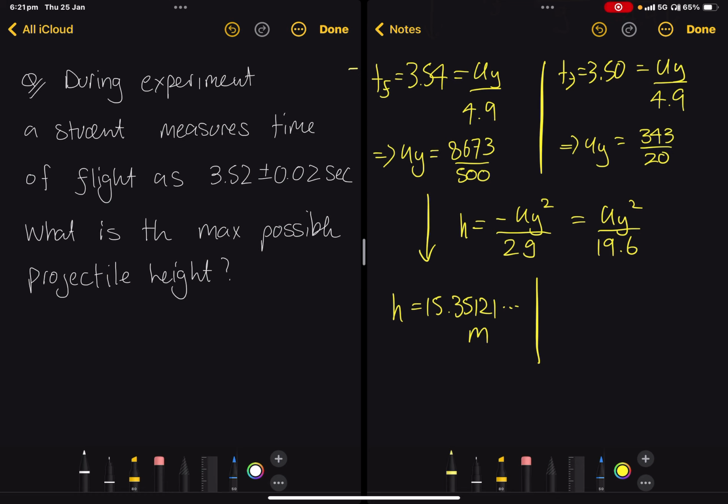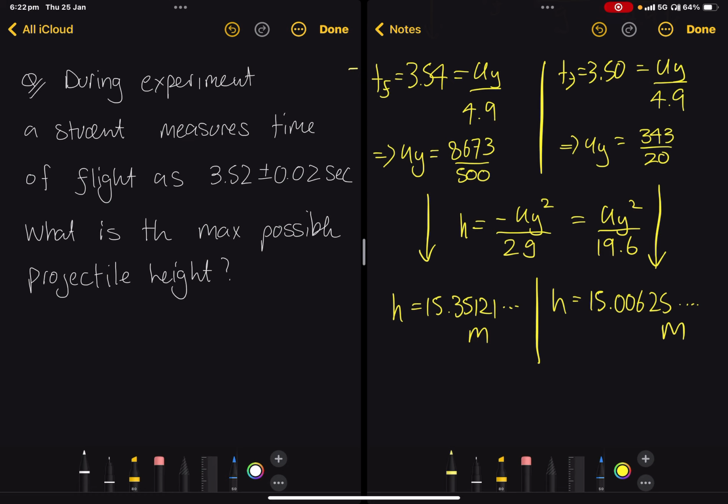That's meters. Height maximum in the minimum time case, we just need to change the uy. So the uy is now 343 over 20 squared over 19.6. This is 15.00625 dot dot dot, and that is in meters.